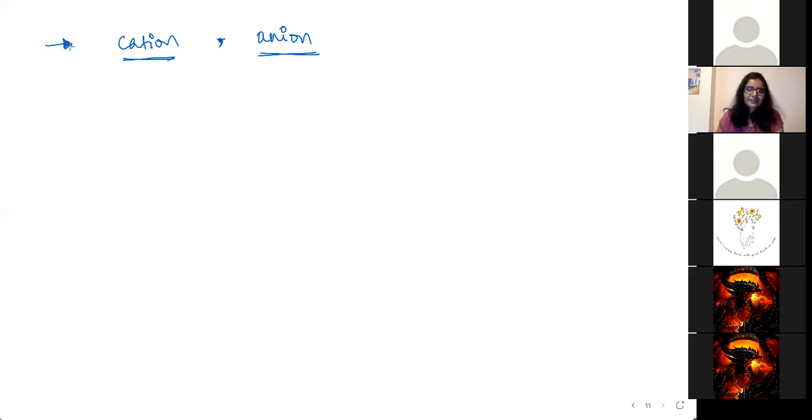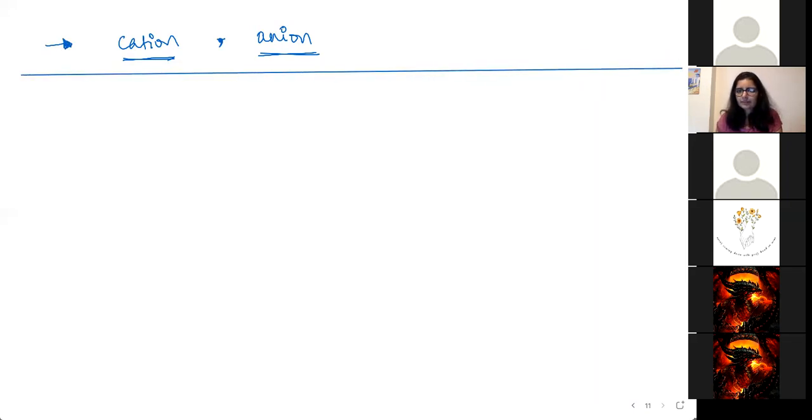Always the cation first, followed by the anion. So far we practiced using some elemental ions, but you have something called polyatomic ions also. Can you guys figure out what polyatomic ions are, based on the name?